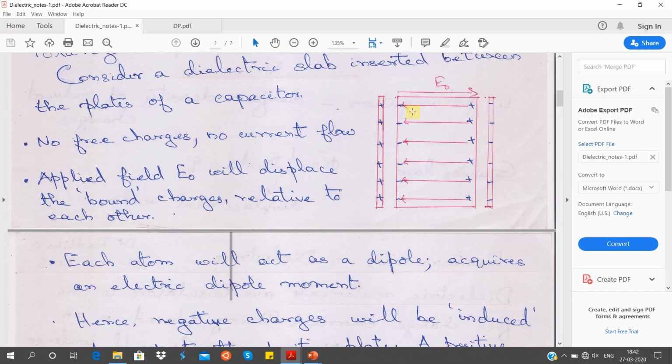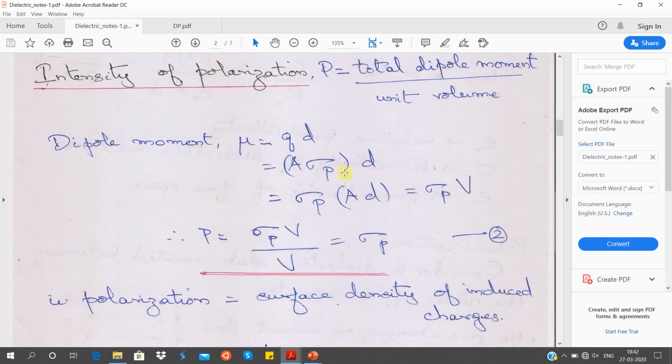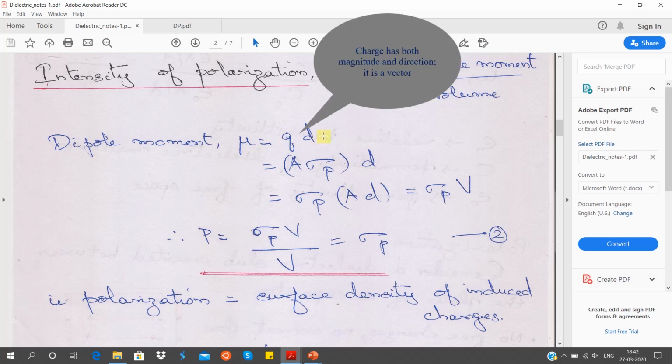So what do we have here? We have many dipoles. So obviously when you have a dipole, there also exists an associated electric dipole moment. How do you define a dipole moment? Very simple. If you remember, the electric dipole moment mu is given as the magnitude of the charge multiplied by the distance of separation between the charges.